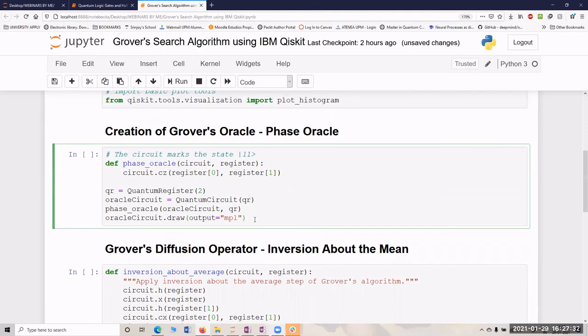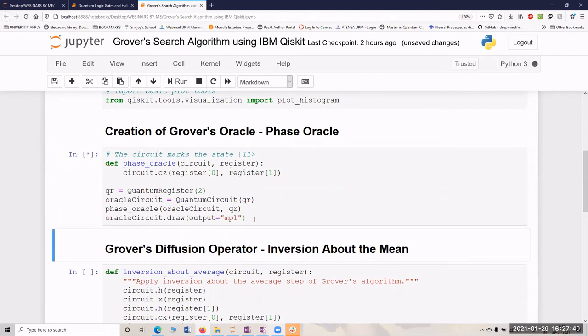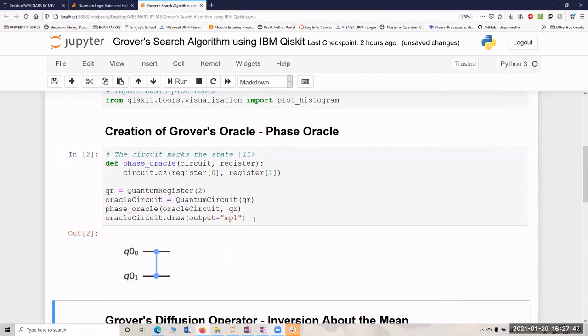And first of all, this is the first step of Grover's oracle as we studied. We make the phase oracle, which will flip the phase of the marked item, and it is shown like this. You have already seen this. This is the CZ gate, the controlled-Z gate.